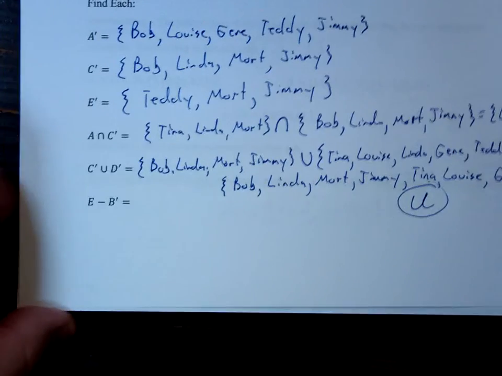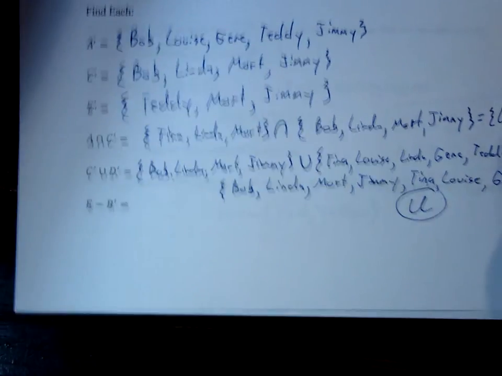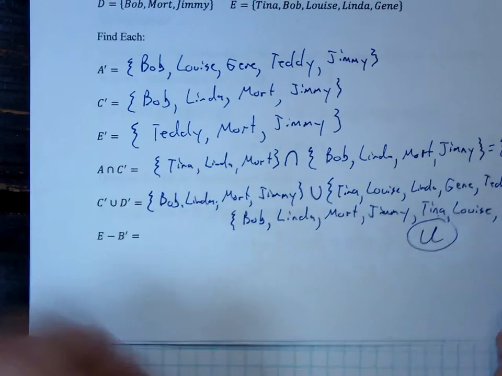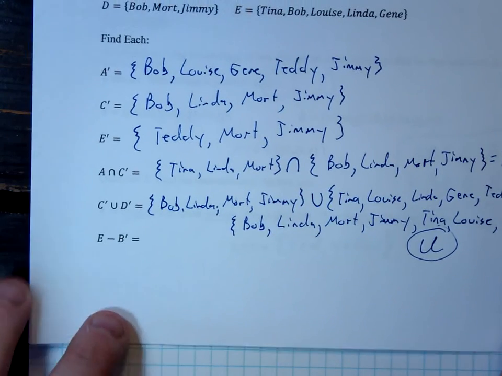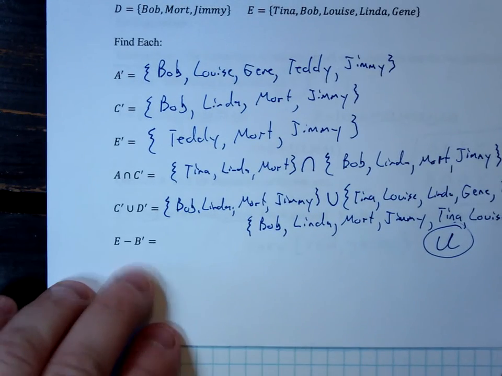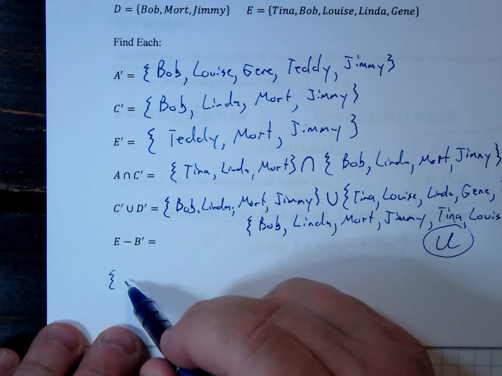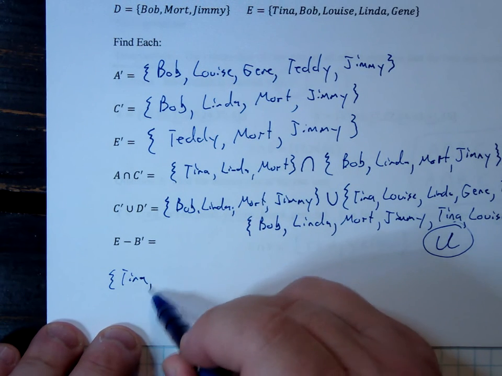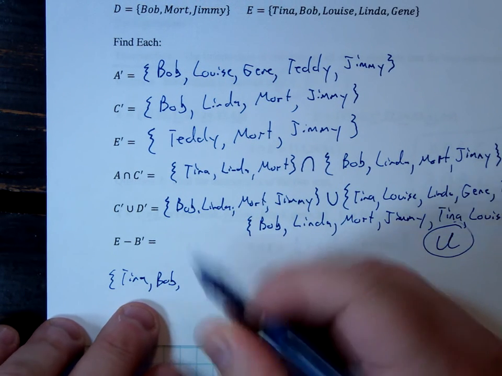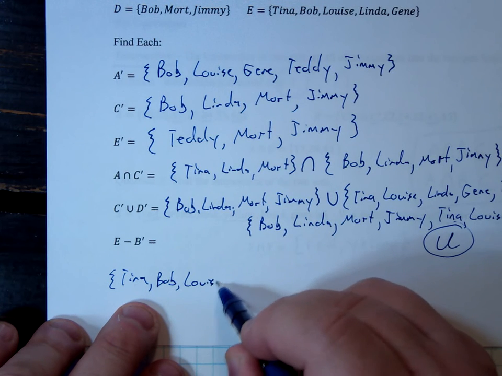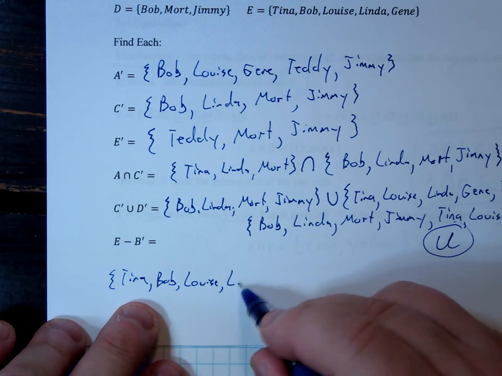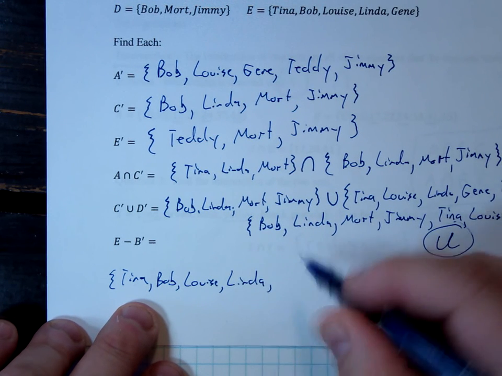All right. Finally, let's look at E minus B prime. So E is, I'll do it down here, Tina, Bob, Louise, Linda, Jean.